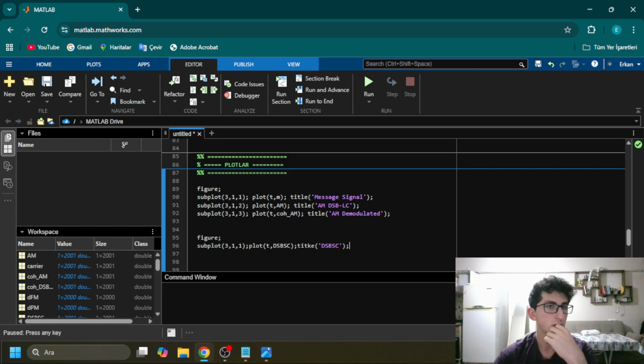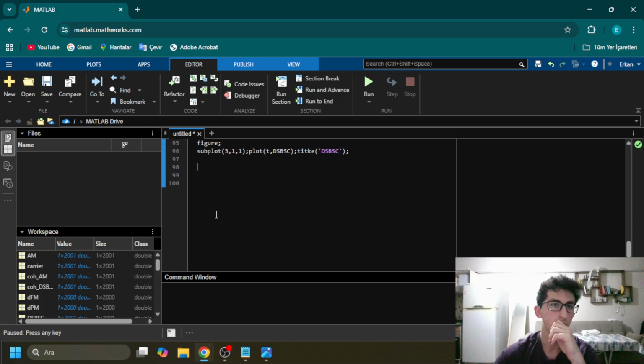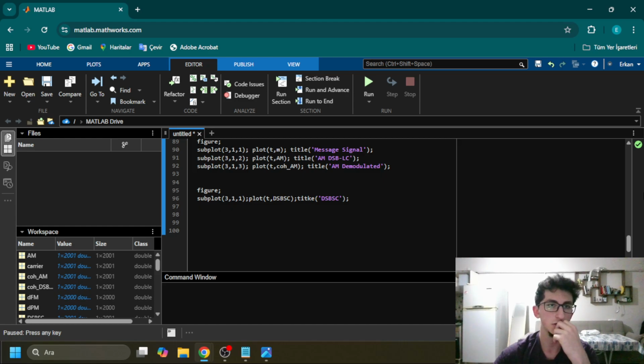Also subplot is gonna be different. Second one is gonna be 3, 1 and 2. Plot is gonna be T, COH and DCBC, and the last one is gonna have subplot 313 and plot T, SSB. So I'm gonna make this code open in here.